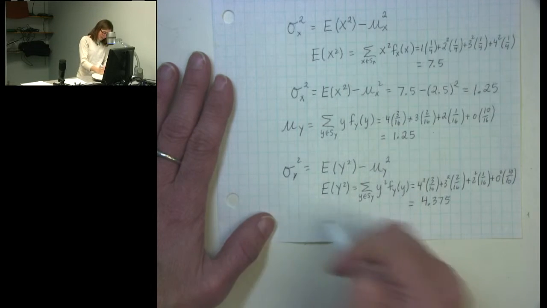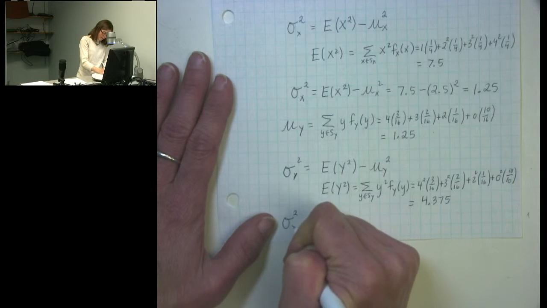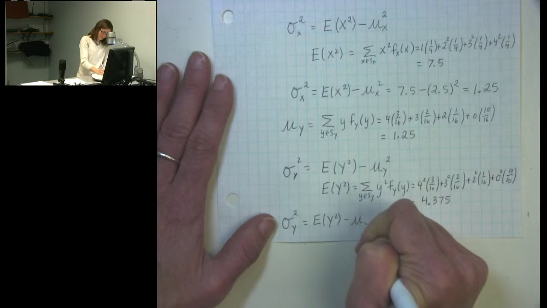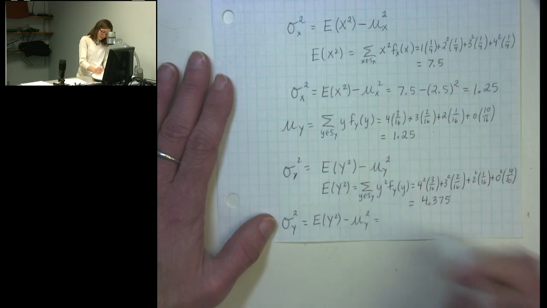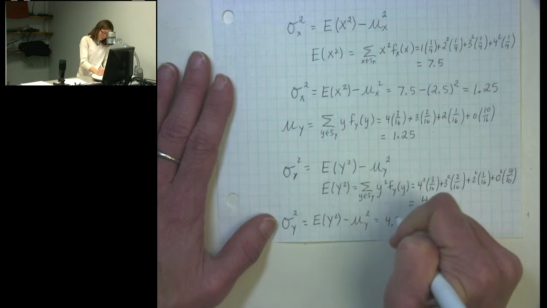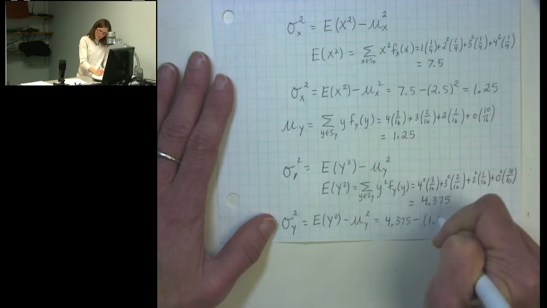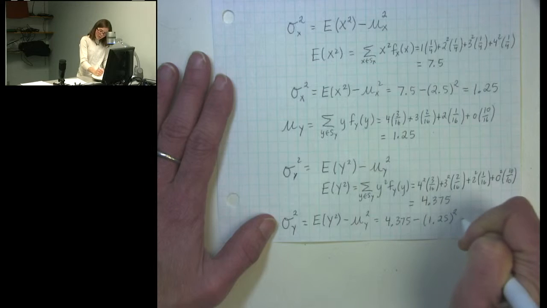And now my variance of y, sigma squared of y, is my expected value of y squared minus the mean of y squared, which gives me 4.375 minus 1.25 squared.